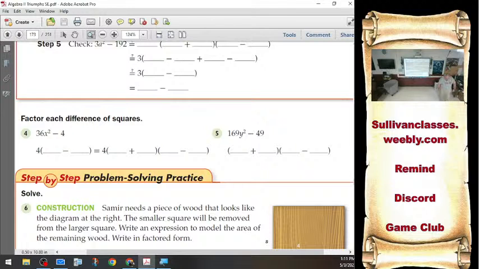Okay. So just like up here, the first thing we did was take out the GCF. They're telling you what the GCF is. So what's this divided by 4?